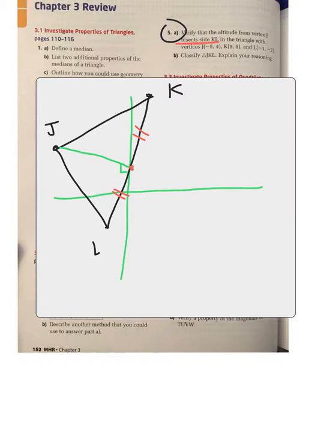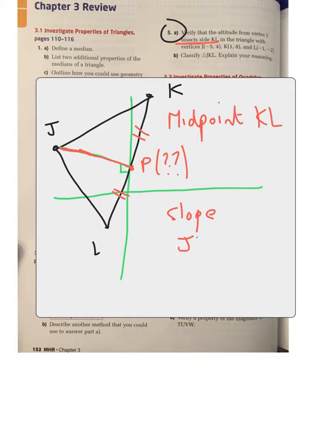So what we're going to do first of all is find the midpoint of KL, and we're going to call that point P. So we find that point there by the midpoint formula. And then we're going to find the slope of JP. And then we're also going to find the slope of LK.